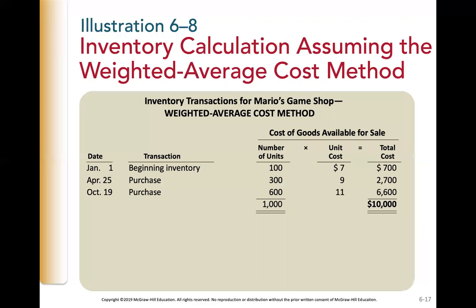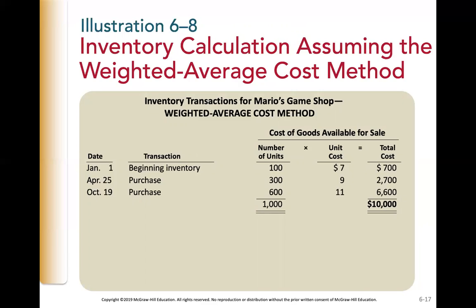So let's look at Mario's again. Mario had a beginning inventory of 100 units at a cost of $7 each for a total cost of $700. On April 25th, he made a purchase of 300 units at $9 apiece for a total cost of $2,700.